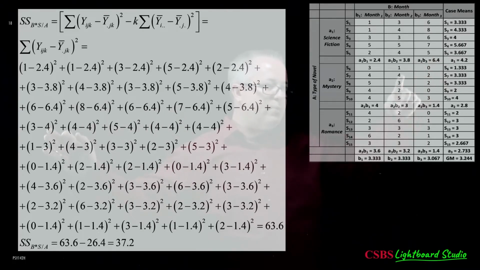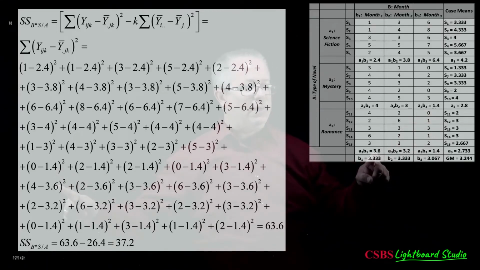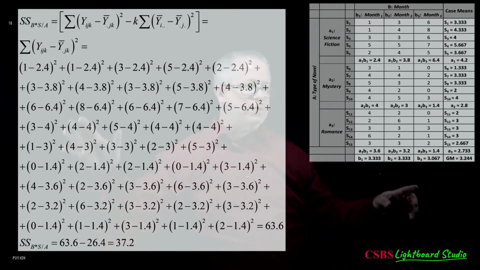The next group, I'm subtracting out that mean because they're all in this cell, the mystery at 1 month. The next one, I'm subtracting out this one, the mystery at 2 months. Next one, this one, which is 1.4, the mystery at 3 months. Then I'm switching again to down here, romance, 1 month. Romance, 2 months. Romance, 3 months. So I'm just subtracting.